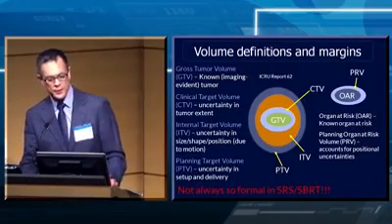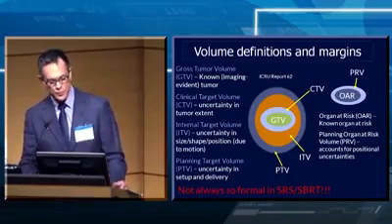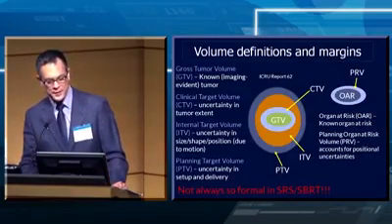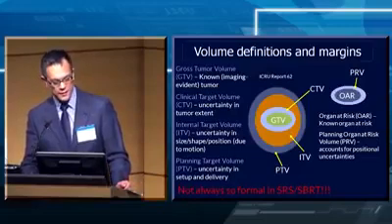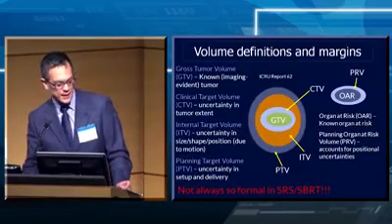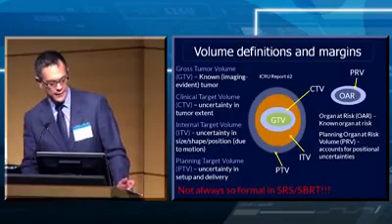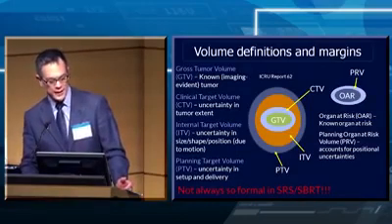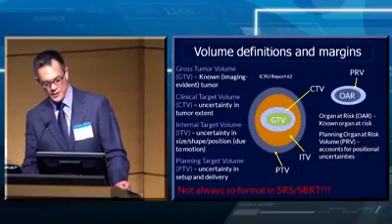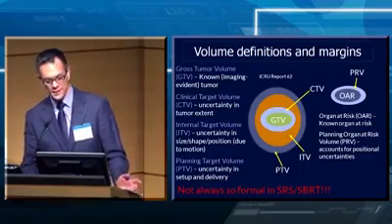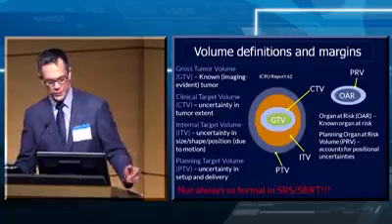The gross tumor volume is the known imaging evident tumor. The clinical target volume expands that to account for uncertainty in tumor extent. There's something called an ITV that accounts for motion, and then there's a PTV which accounts for setup and delivery, and all of these are expansions. So you have a GTV, CTV, PTV, so they get bigger and bigger.